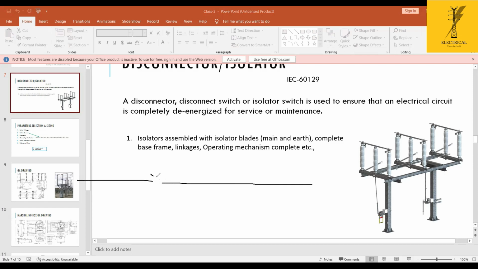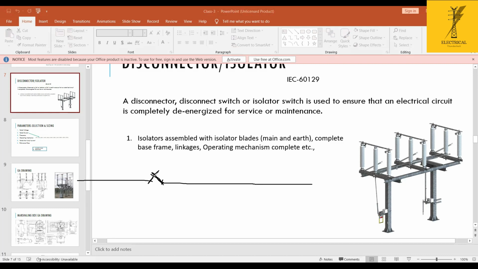Now you can have an isolator like this, where one side is fixed and it acts like a switch: close, open, close, open. One side is fixed, the other side is moving. If it is connected to this line, the power will flow. If it is away from the line, the power will be out.